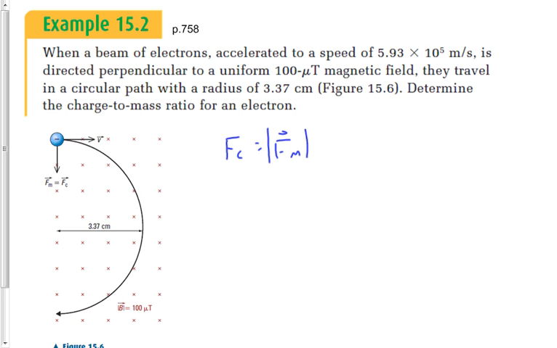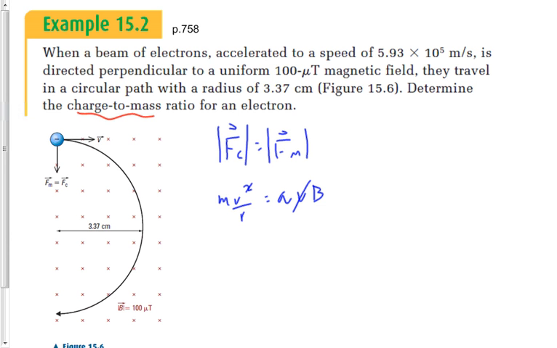Just 2 units ago, the concept of charge to mass ratio would have been a completely foreign concept. Okay, now you know what that is. Now you know what that means. 2 units ago, you would have had no idea what that meant. But you still could have said FC equals FM, and therefore, mv squared over r equals qvb.